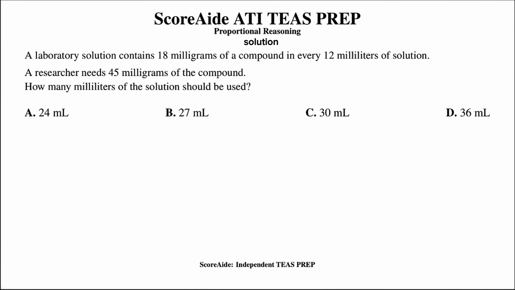A laboratory solution contains 18 milligrams of a compound in every 12 milliliters of solution. A researcher needs 45 milligrams of the compound. How many milliliters of solution should be used, right? So they said 18 milligrams in every 12 milliliters of solution.